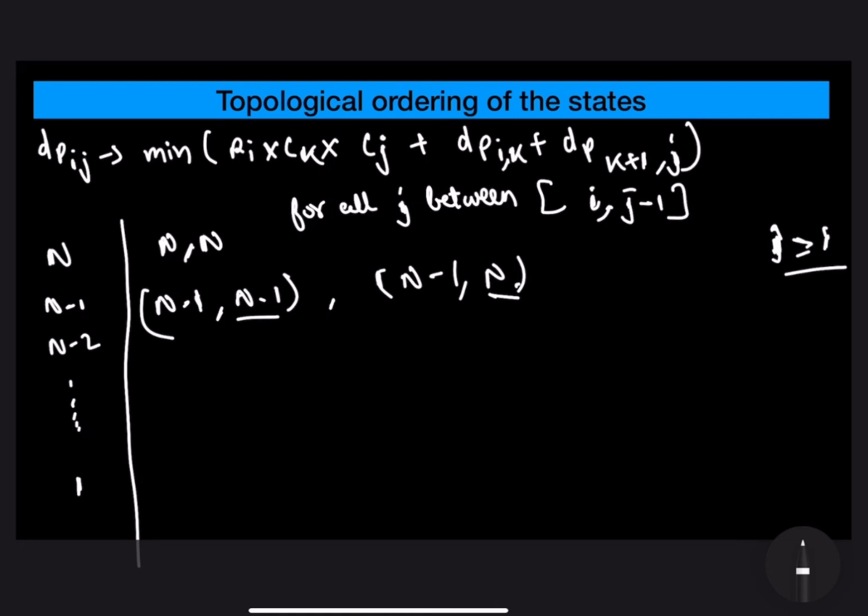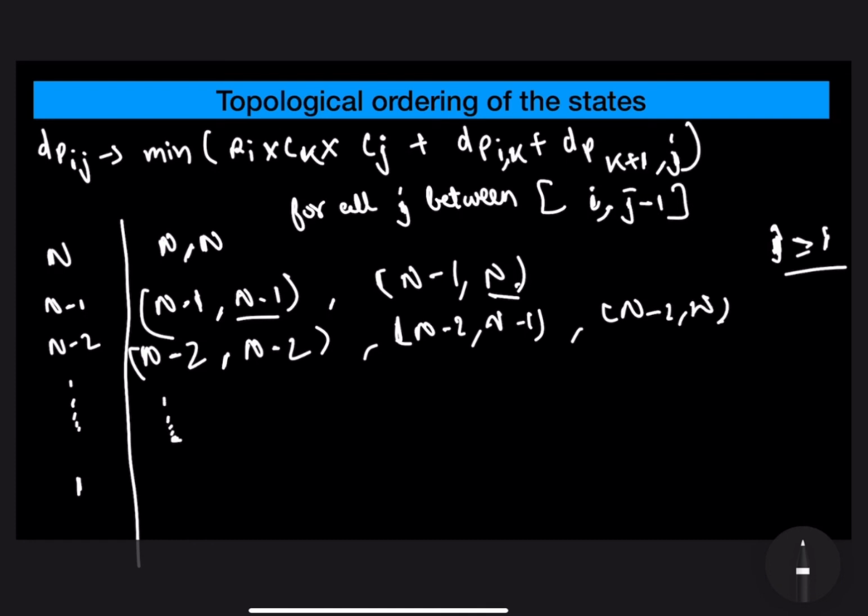Now for solving the n minus second row, we will solve the states in increasing order of the columns, that is n minus 2 comma n minus 2, n minus 2 comma n minus 1, and n minus 2 comma n. In the same way, so on. For the first row, we will solve the states in the order 1 comma 1, 1 comma 2, 1 comma 3, and up to 1 comma n, and this will correspond to our final answer.